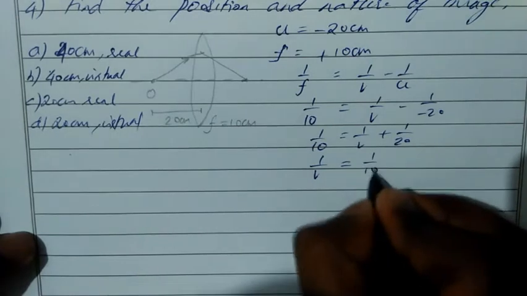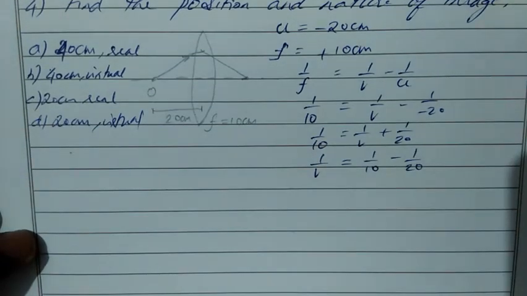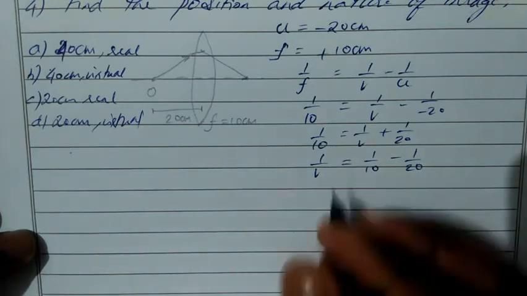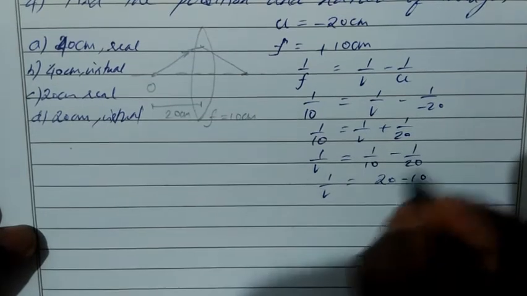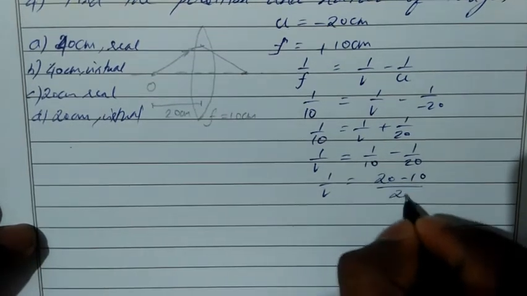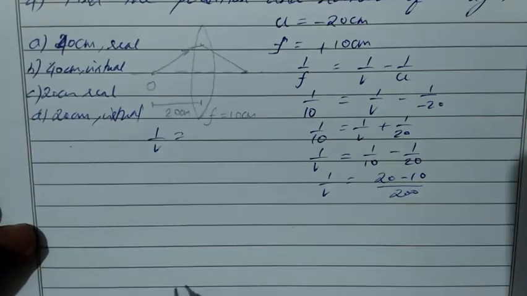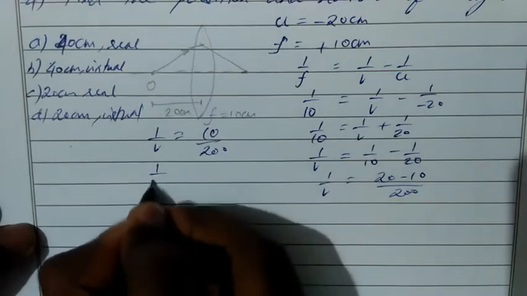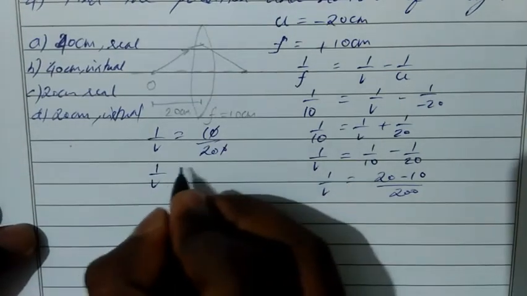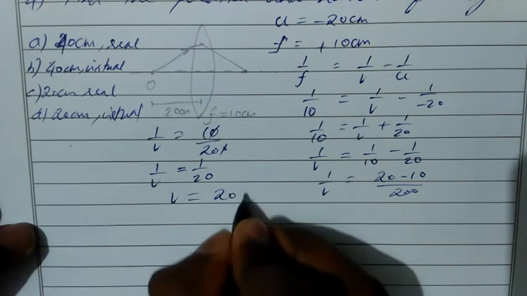It will become 1 by 10 minus 1 by 20. Okay, so if we solve it, 1 by v equal to 20 minus 10, do the cross multiplication, divided by 200. So 1 by v equal to 10 divided by 200. 1 by v equal to, we cancel, we have 1 by 20, then v equal to 20 centimeter.